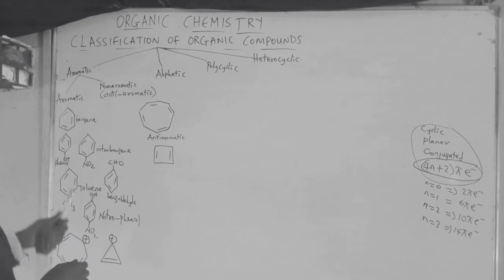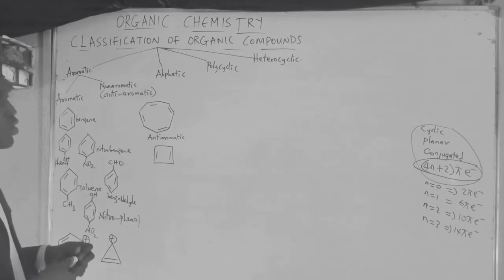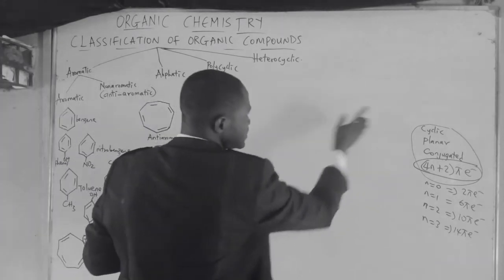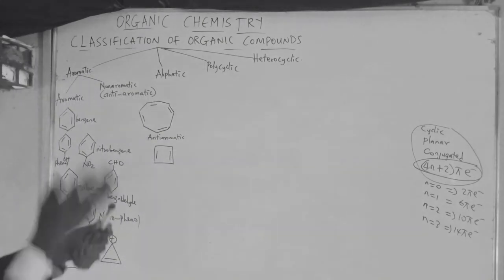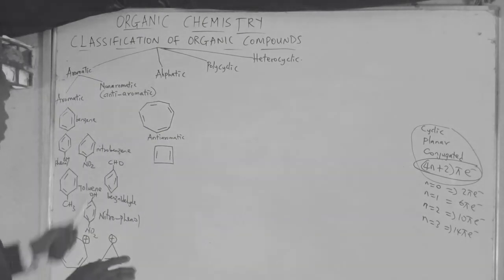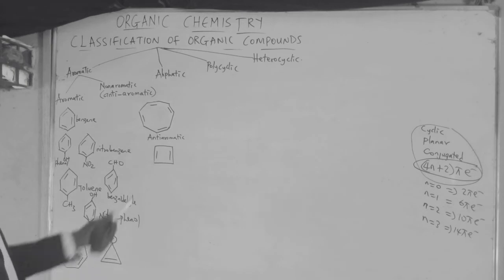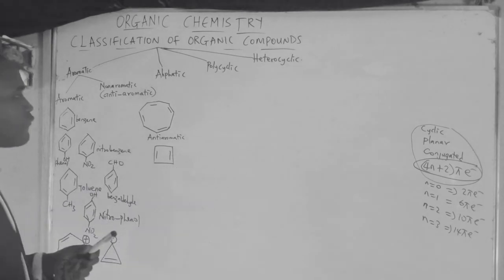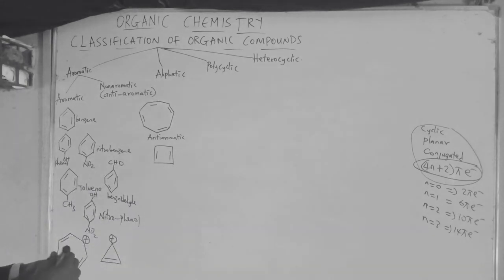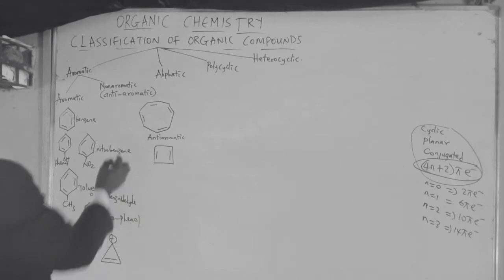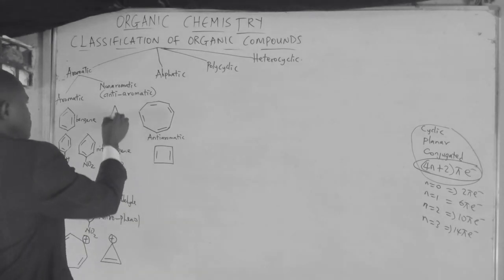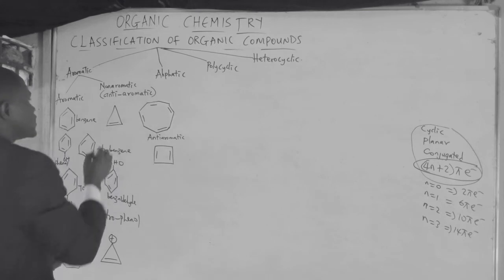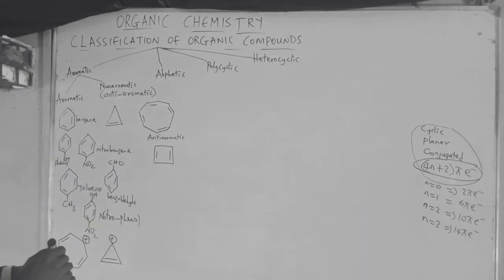Then when do we say that a compound is non-aromatic? When the compound fails any of the above conditions, it is non-aromatic. But when it fails only the rule number 4, it is anti-aromatic. Then, example. This is cyclopropene.